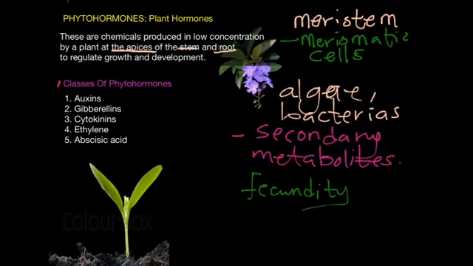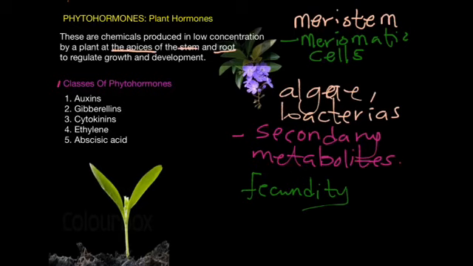Not only that, they also determine the sex of the flower, or let's say the color of the fruits or the color of the leaves. They also take part in the formation of tissues, respiration, energy production, and even the plant's longevity and the death of the plants. And then they also do a lot more in what we call pathogen defense and stress tolerance, and a lot more that we'll be talking about later in other videos.